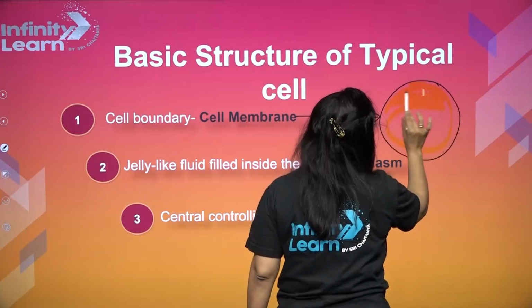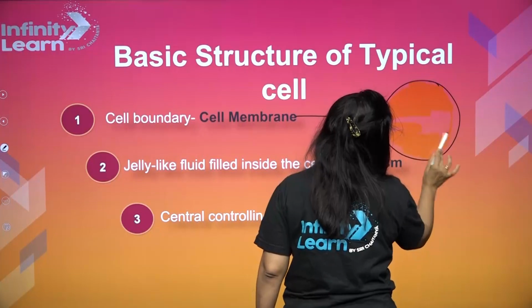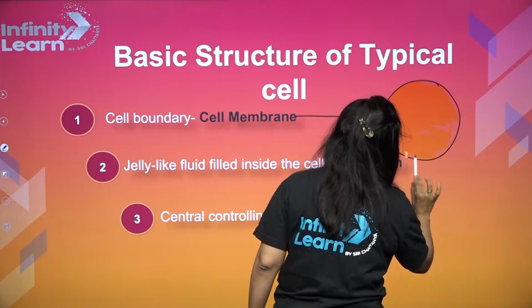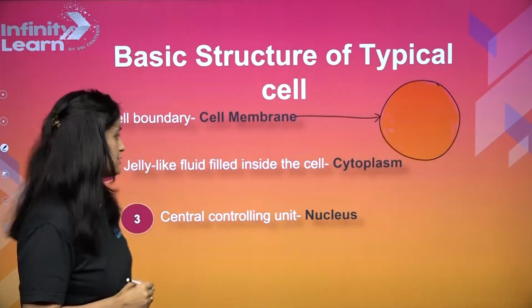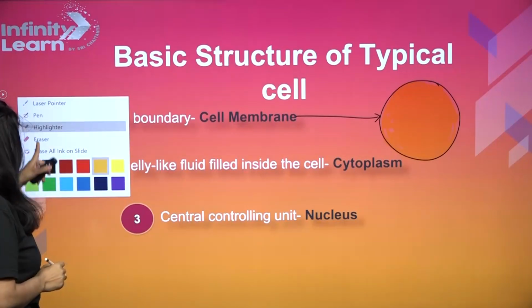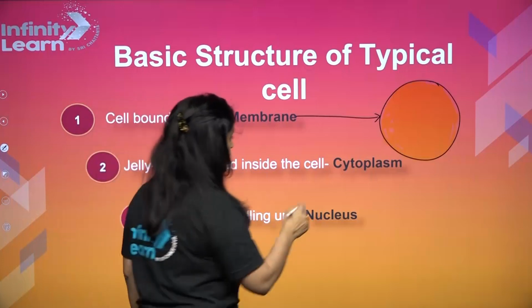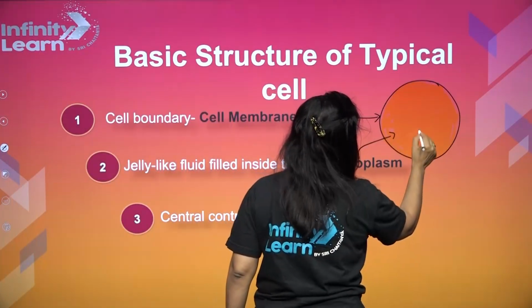Okay. So the cytoplasm is a jelly-like structure in which most of the metabolic processes will occur. So it has to have the cytoplasm for sure. Definitely. Right? Then what else it should have? It should have the nucleus. Okay? It should have the nucleus.